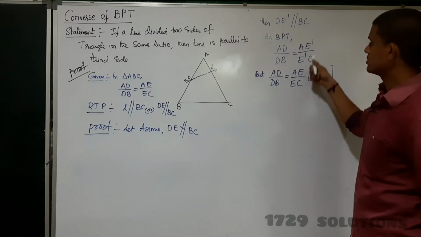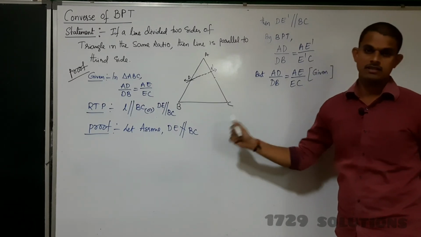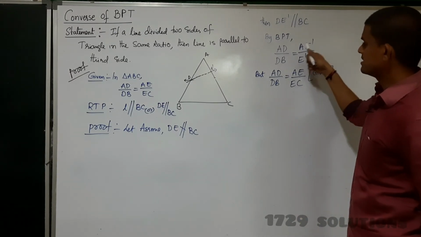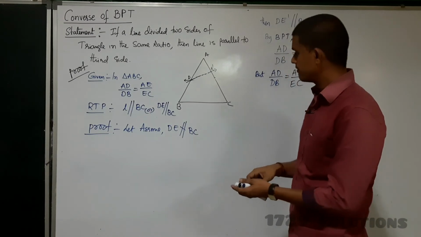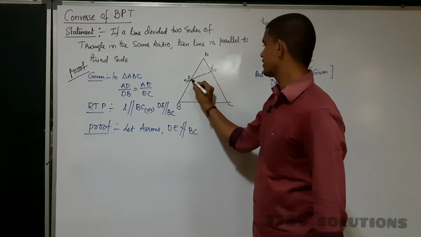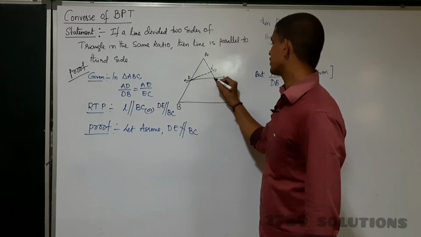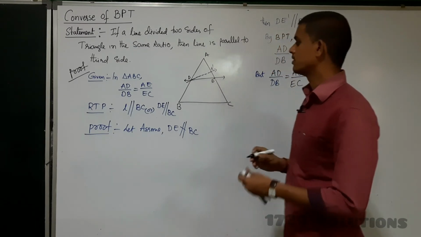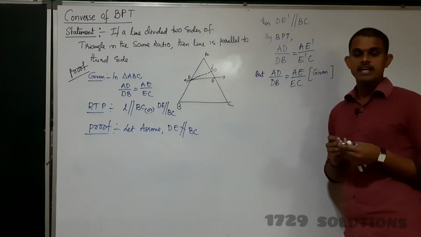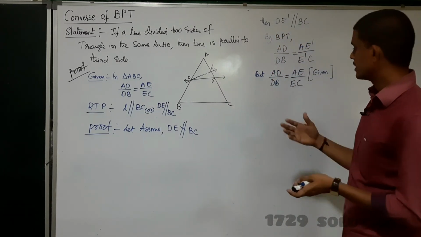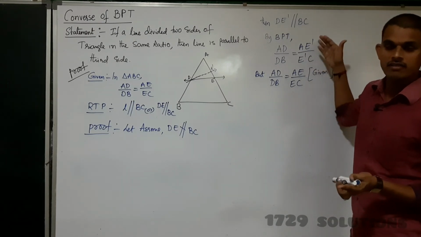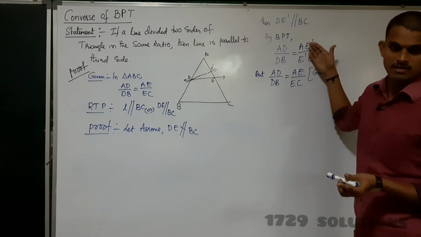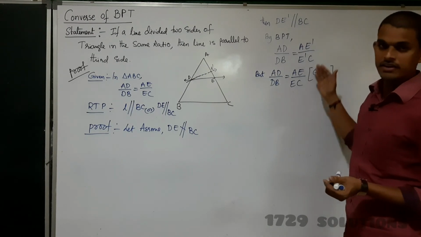This is the contradiction for the given statement. But what is the contradiction? E is a different point and E dash is a different point. How can you say that both are equal? Yes or no? Clearly we see that E and E dash are different points, so these can never be equal. This is contrary to our assumption.